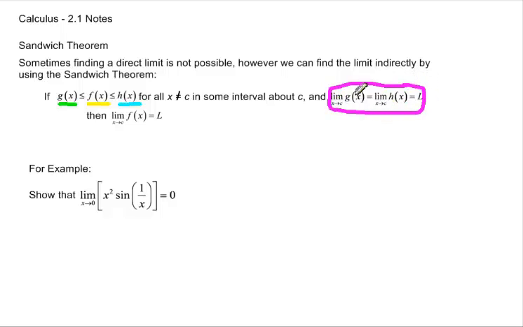Since g and h are on the edges, if they go to a specific spot, then the middle guy has to also go to that specific spot.